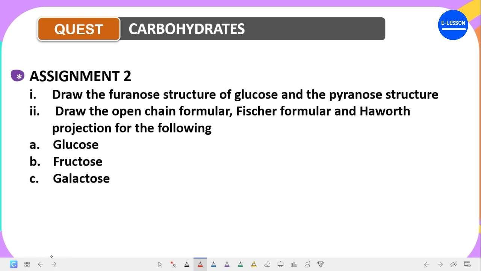Are you getting it? 3, draw the open chain formula, the Fischer formula, and the Haworth projection for the following: glucose, fructose, and galactose. Okay? So that will be all for now. Thank you for your time.